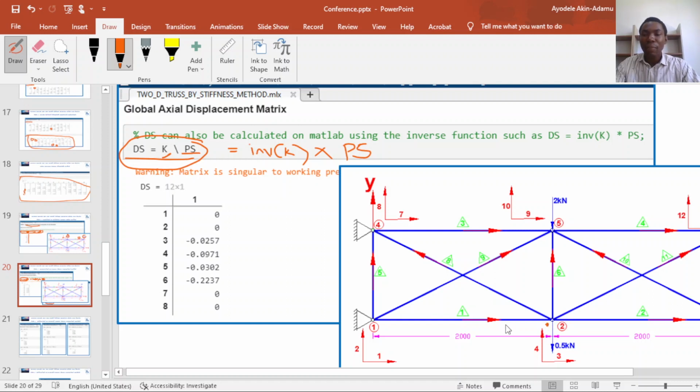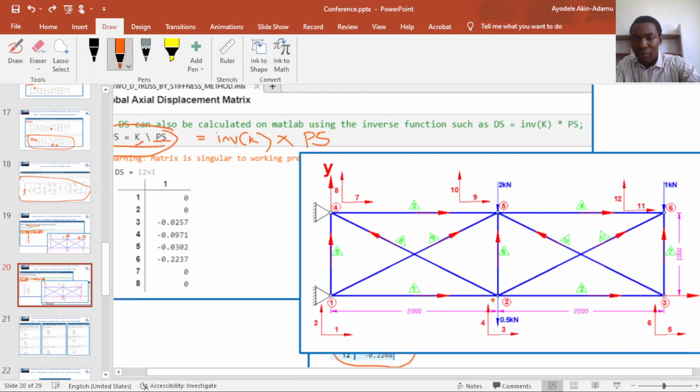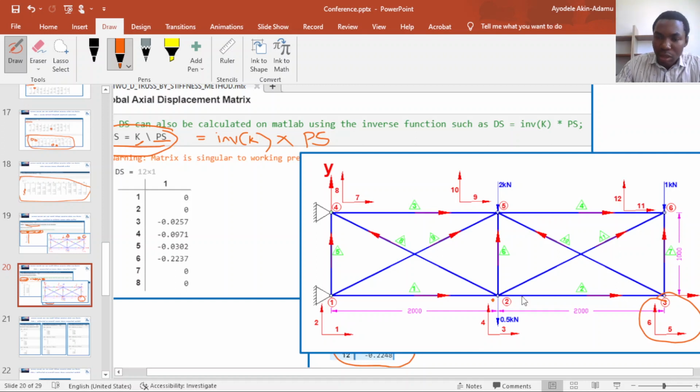So this is how we interpret the value. The same thing for 5 and 6. 5 and 6 is the degree of freedom at node 3. So we can interpret the displacement quantity in that same manner. So that's it for the displacement quantity.